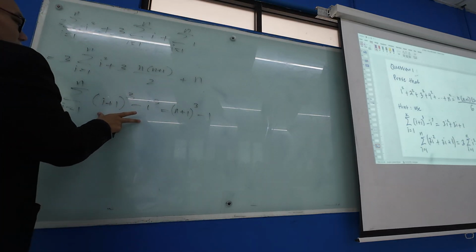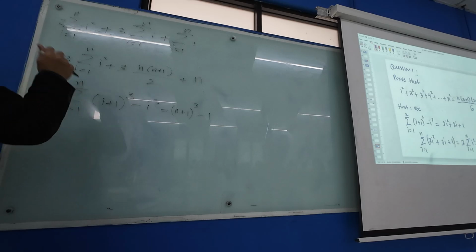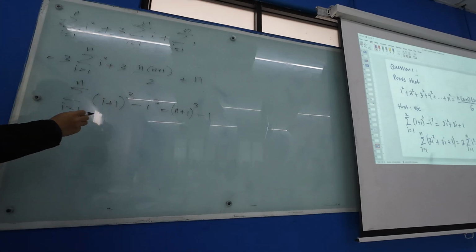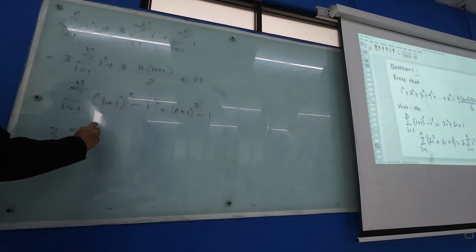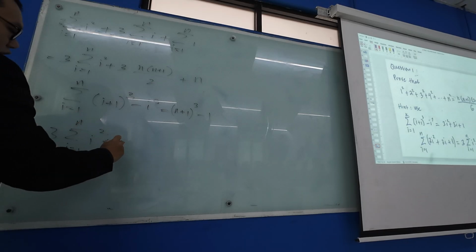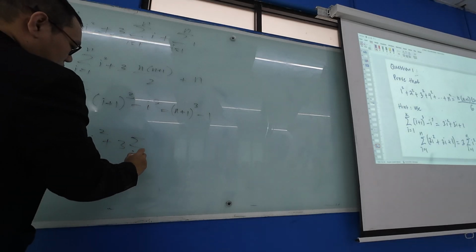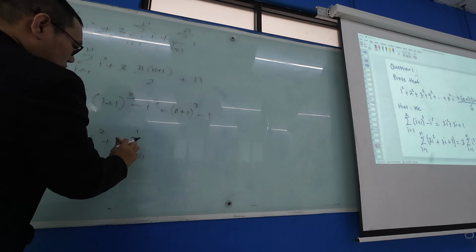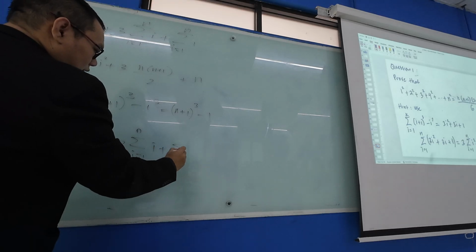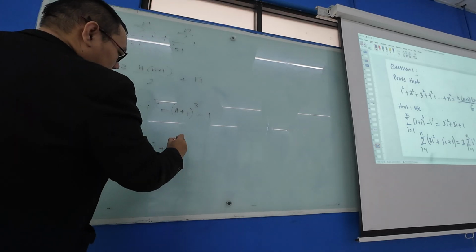So this one is equal to this one. From the left hand side we get 3 sigma i square plus 3 sigma i.